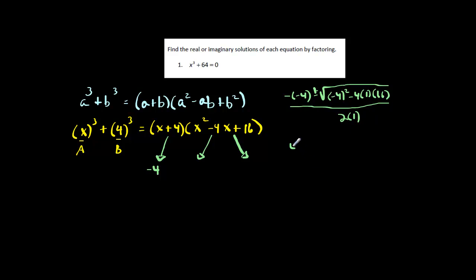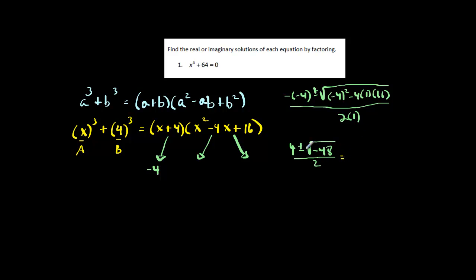So we're going to have 4 plus or minus, this is 16, so 16 minus 16 times 4 is 64. So 16 minus 64 is negative 48, all divided by 2.